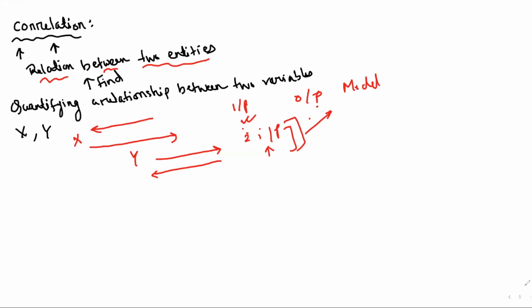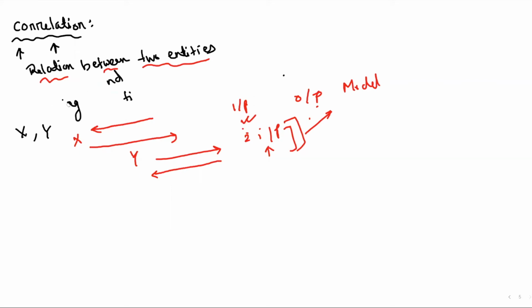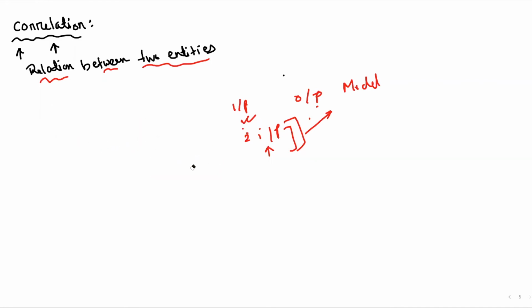Now we know correlation. Now let's study what covariance is. Now that you know what correlation is, it will be easy for you to guess what covariance is.